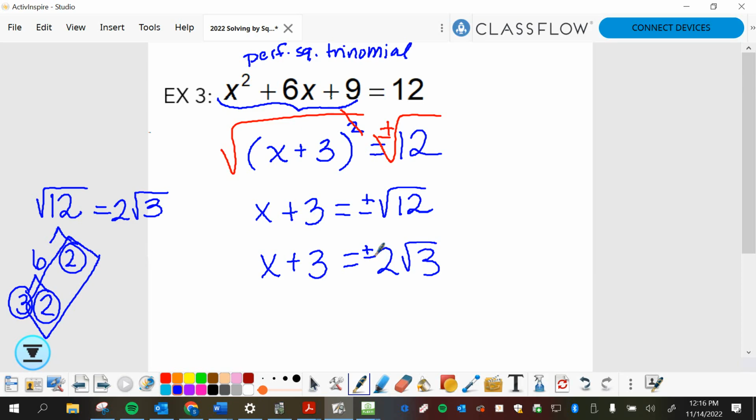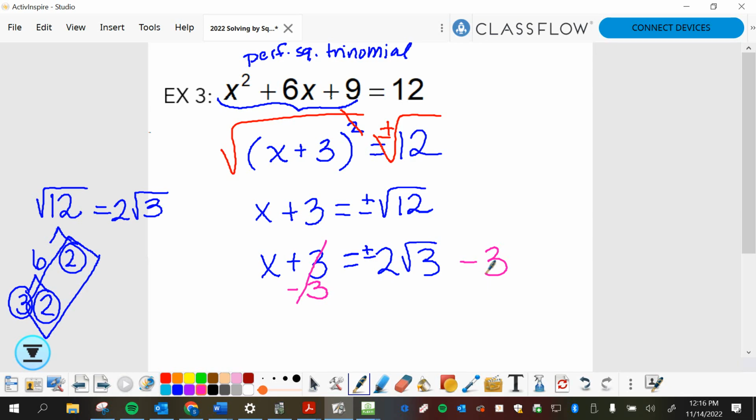We got to get x by itself. I can't have this plus 3. We got a minus 3, right? Okay, well, here's the most important thing of the day right here. How in the world do you do a minus 3 from this? You can't. Don't try. You just write minus 3. You can't take away 3 from the 3 under the square root. You can't take away from the 2.